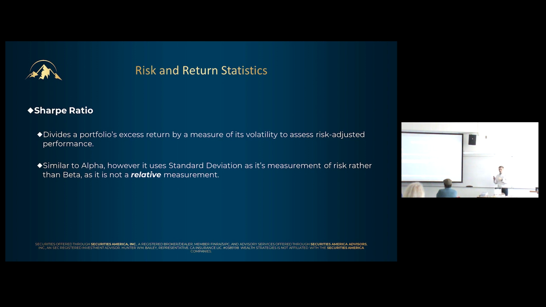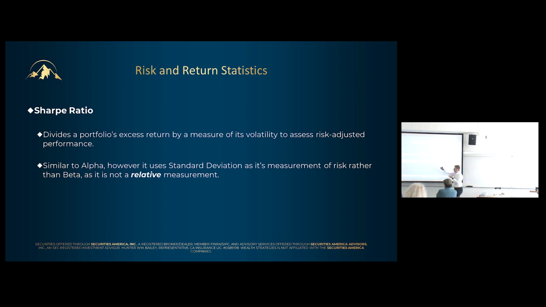So if I have a standard deviation that is pretty low, but I earned a whole bunch this year, that would show that my Sharpe ratio is higher because it's showing the excess return that I've gotten based on the standard deviation, but not in comparison to anything.